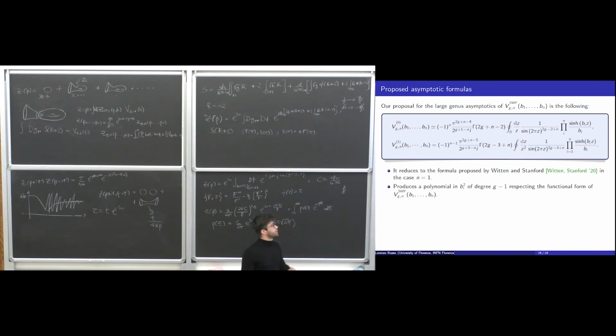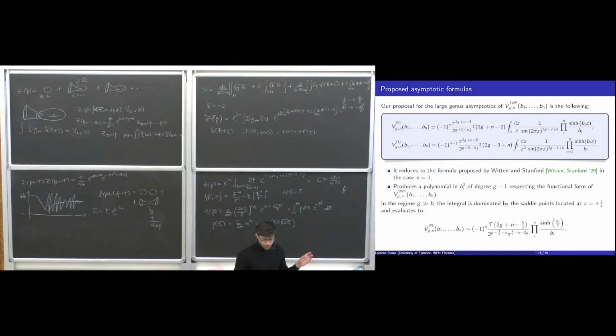They are actually polynomials. Here I've reported two formulas: the first one is the leading order in this large genus expansion, and the second one is the first subleading contribution. There is some sort of hierarchy of contributions, and these are the first two that we propose. They both produce polynomials in the length squared of the correct degree, respecting the functional form of the Weil-Petersson supervolumes.